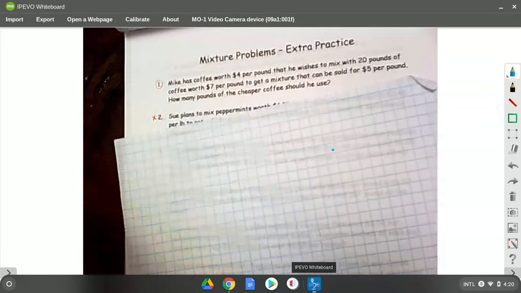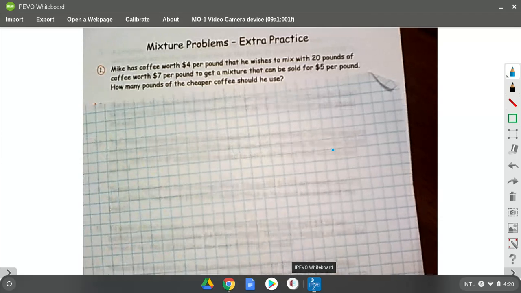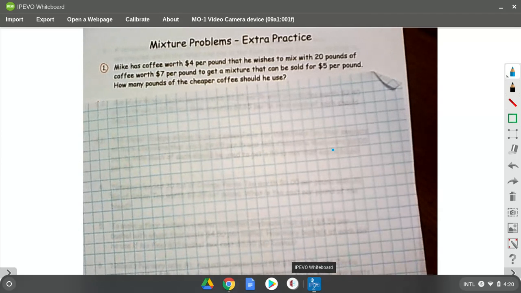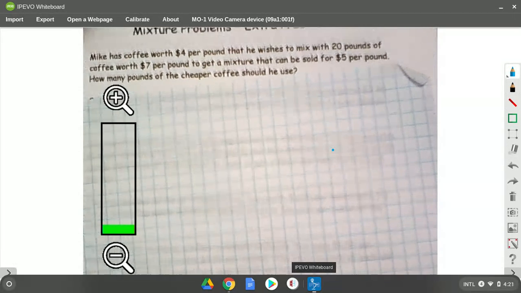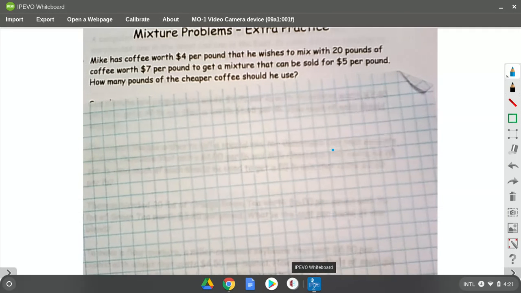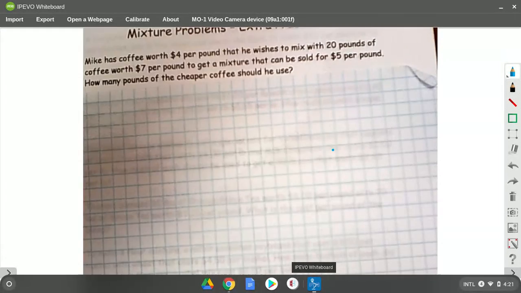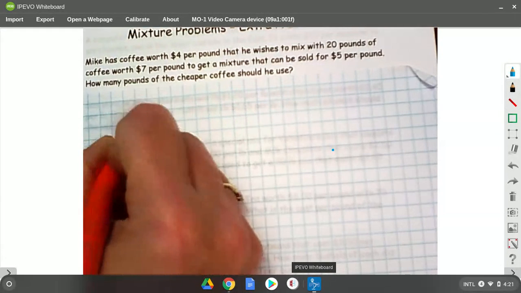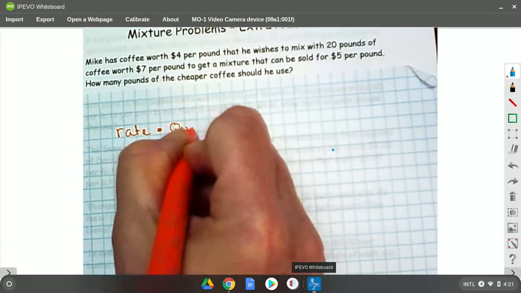All right, so let's get this a little bit better focused in. And I want to talk first about how to set these up: you've got to do your rate times your quantity.